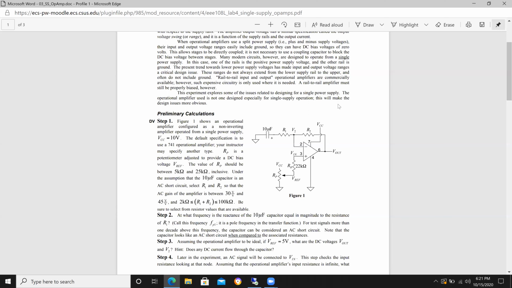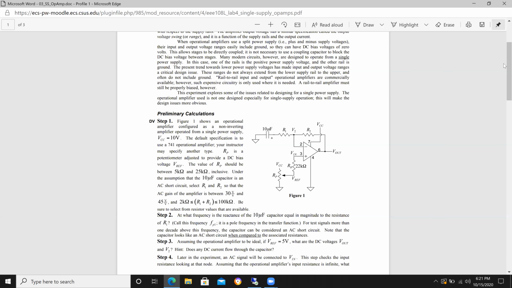So some of the limitations that might hit you right off the bat is you just lost half your signal swing, or some people call that dynamic range, the dynamic range of your input and your output. So previously, theoretically, you could swing between the limits of -5 and +5. Now you're only going to be able to go between ground and 5 volts. All right, so that's the first thing.